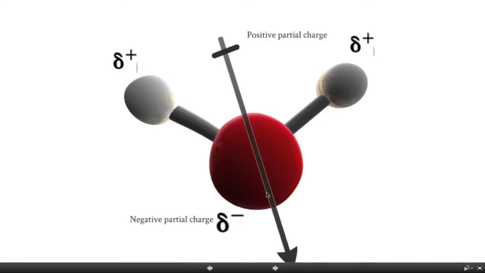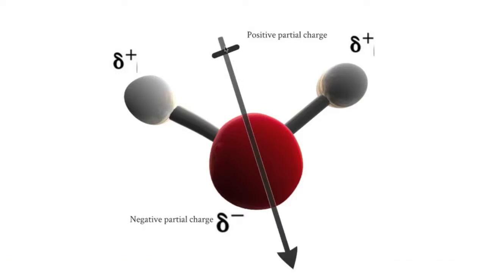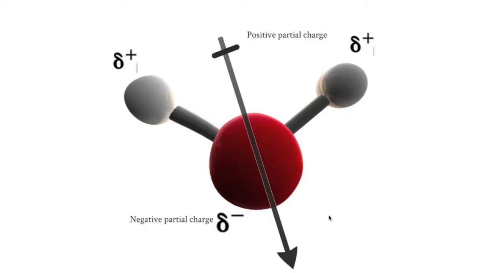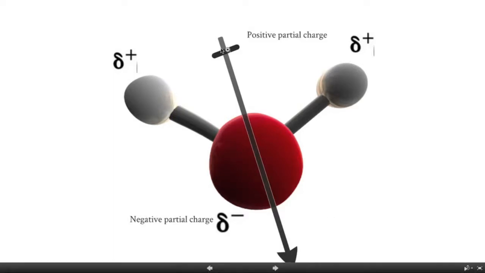So the molecule's charges kind of point in a direction, with positive pointing in this direction and negative pointing in the other direction. And that's what I mean when I say that the water molecule is polar. It's polar because it points in a certain direction, since one end is positive and the other end is negative.